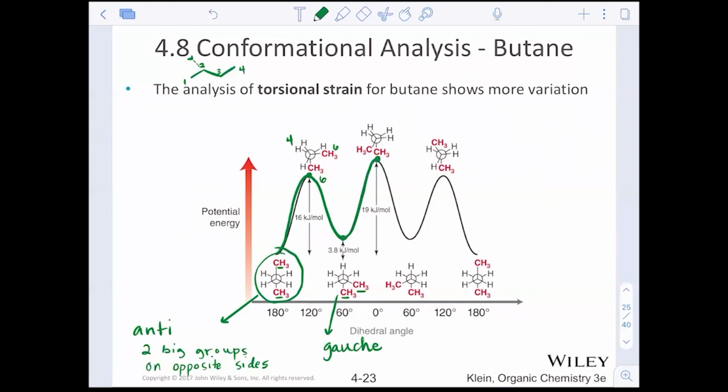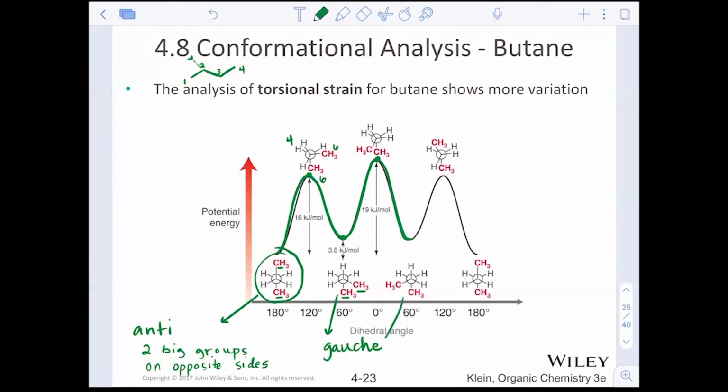Rotate again, and we get the worst or the highest energy position, which has the eclipsing methyl groups. This should be a lot of energy looking right there. We'll calculate that in just a second. 19 kilojoules per mole higher than our anti-staggered.